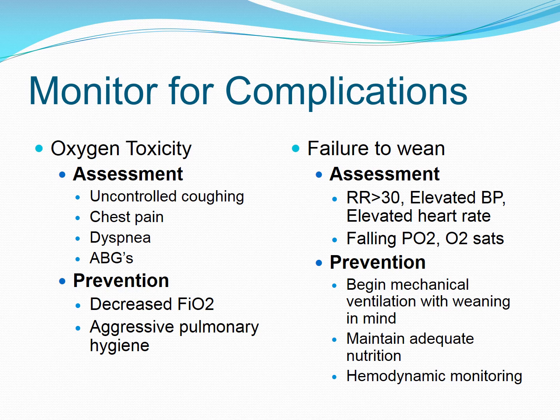So one of the things we do is check their respiratory rate. If their respiratory rate when we try to take them off the vent is greater than 30, or their heart rate or blood pressure goes up, this patient is struggling to breathe and they're not ready to come off the ventilator. The other thing is if we are doing this and their oxygen levels drop, then that is another indication they're not ready to wean yet.